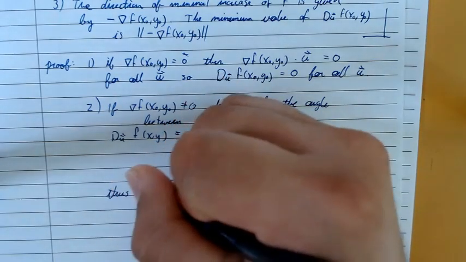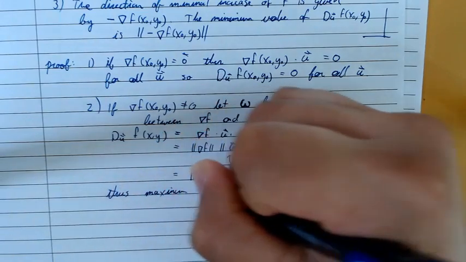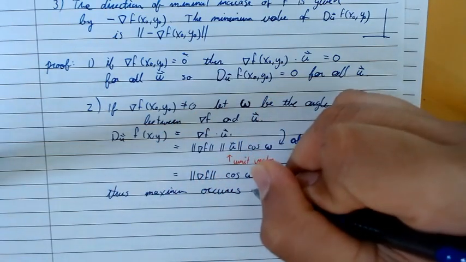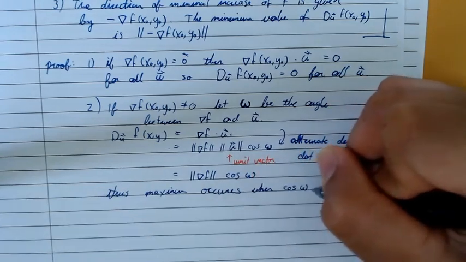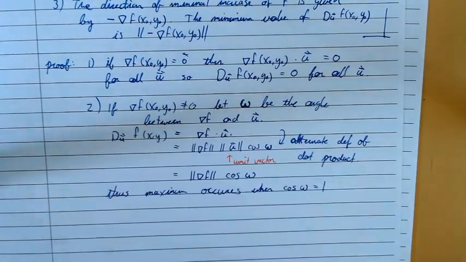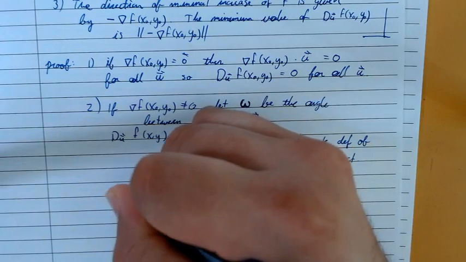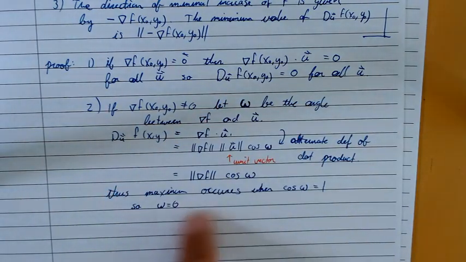Thus, the maximum occurs when cosine of omega is equal to 1, which means omega would equal 0. Right? If cosine of omega is equal to 1, then omega must equal 0.